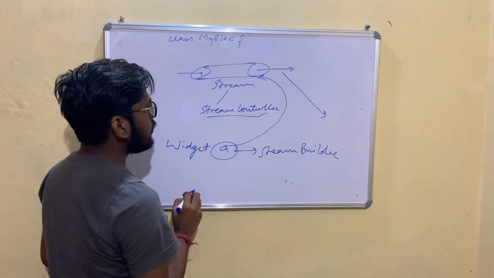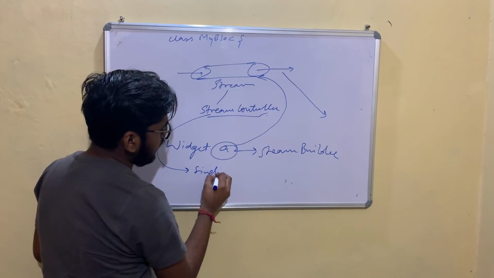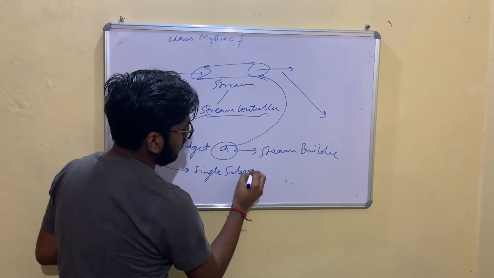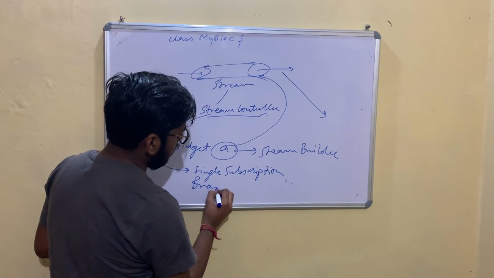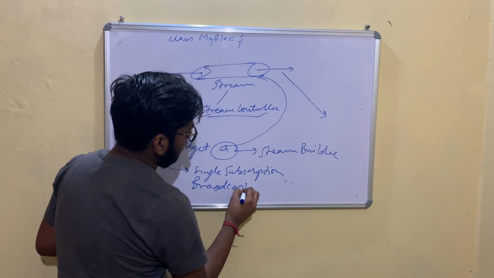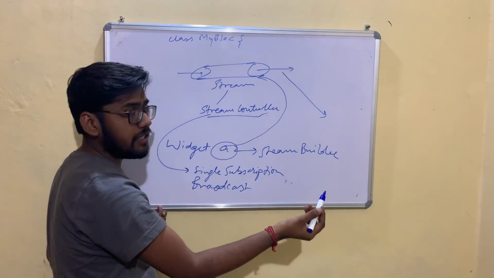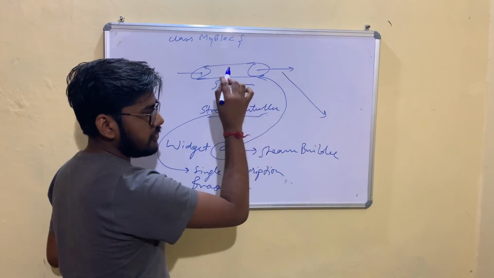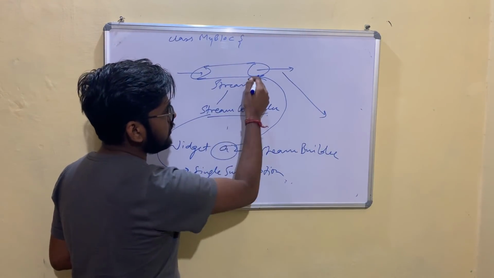Now this stream controller can be of two types. One can be single subscription and another can be broadcast. Because A is listening to this stream, no one else can listen to it. So A is listening to this stream, which means that A has been subscribed to this stream.